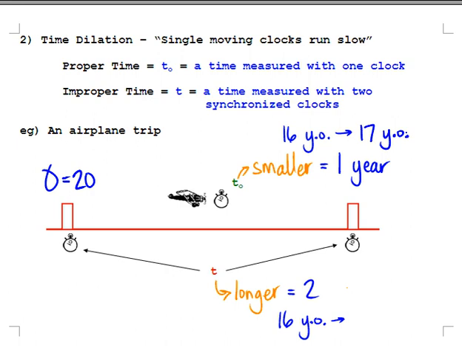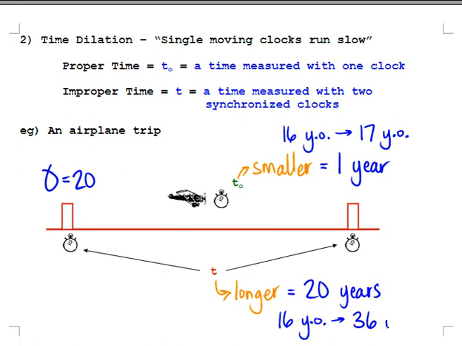Here on Earth, on the ground, you and I stuck around. We'll go with your age, though. 20 years has elapsed because that gamma value is 20. So your clocks are 20 times faster than hers, or hers is 20 times slower than yours, however you want to look at it. That means when she comes back after what she thinks is 1 year, because it was 1 year according to her reference frame, you guys are 20 years older.